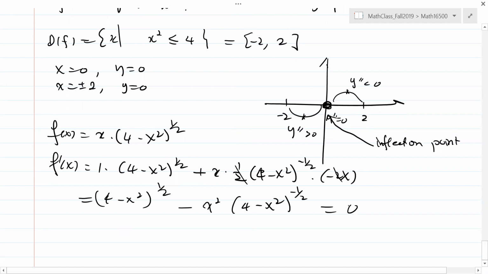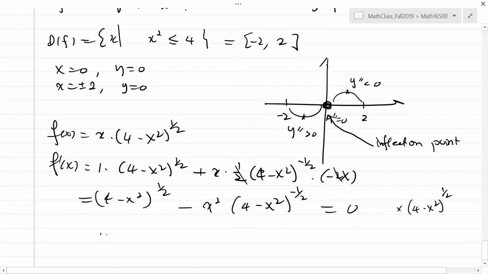Well, just move this term here, right? Multiply both sides by the same term, (4 minus x squared) to the 1/2. You multiply both sides by (4 minus x squared) to the positive 1/2.